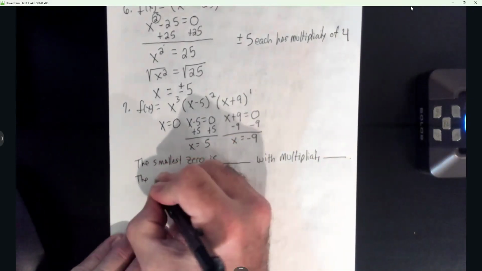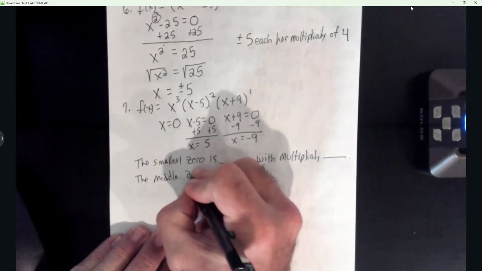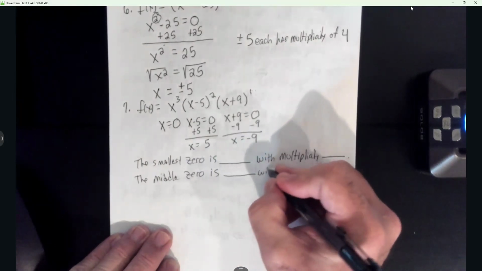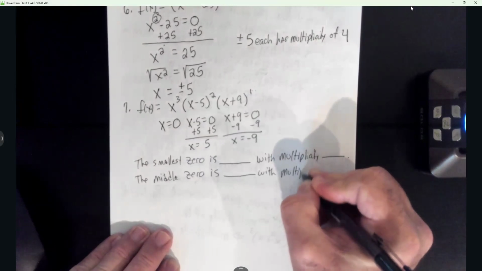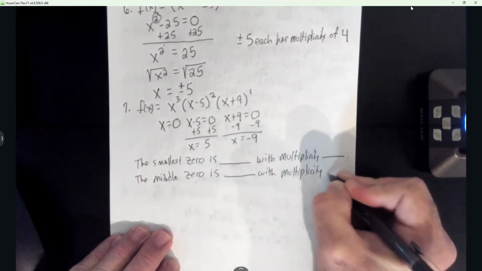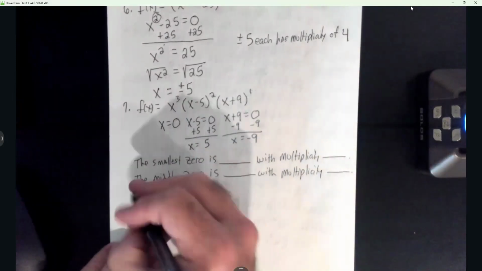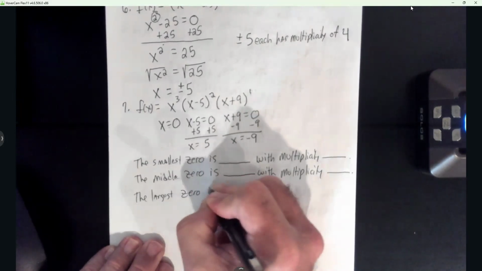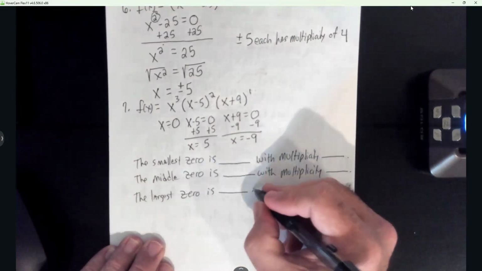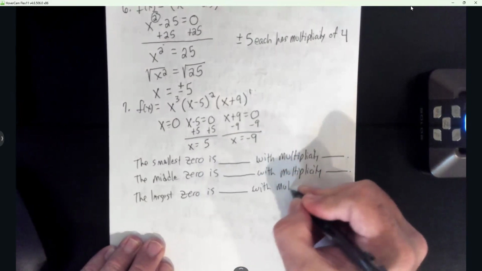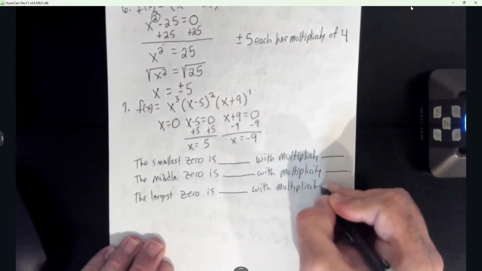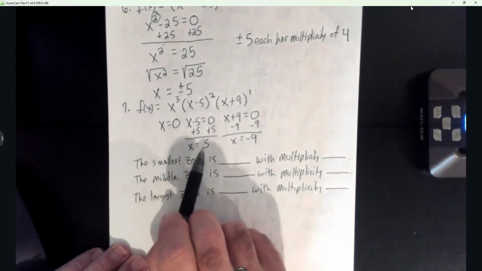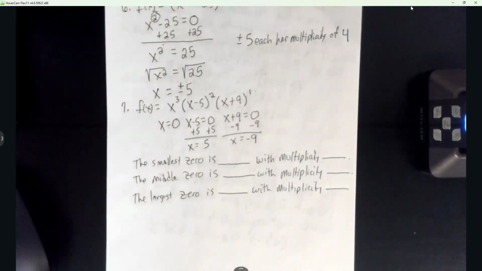The middle 0 is blank with multiplicity blank. And then it says the largest 0 is blank with multiplicity blank. So of the 3 zeros, I got a 0, 5, and negative 9. Which one's the smallest?